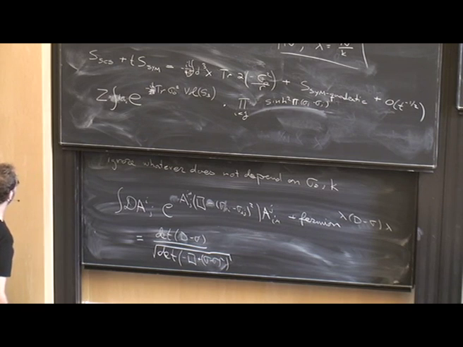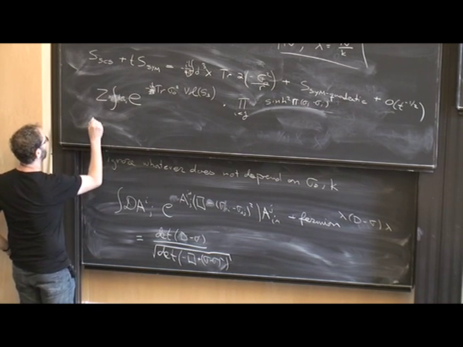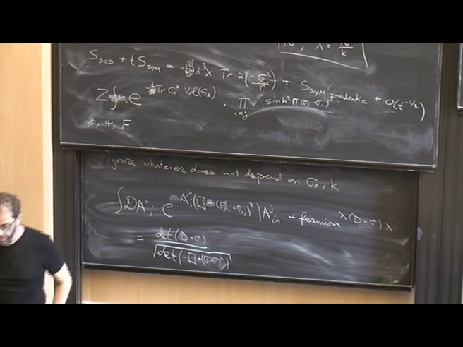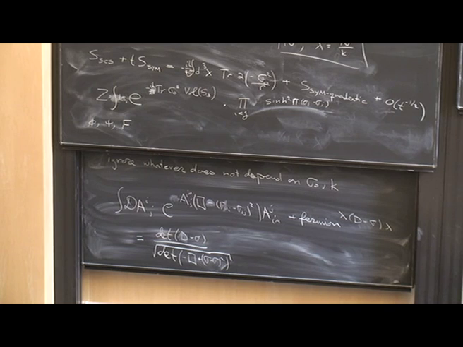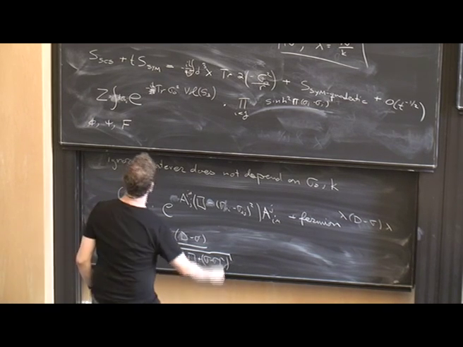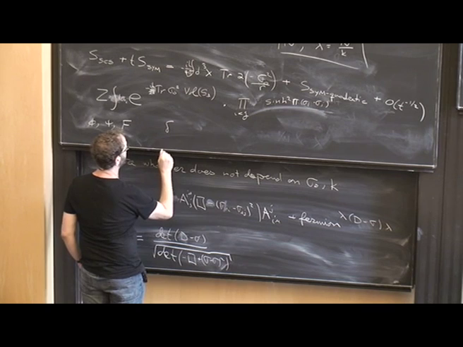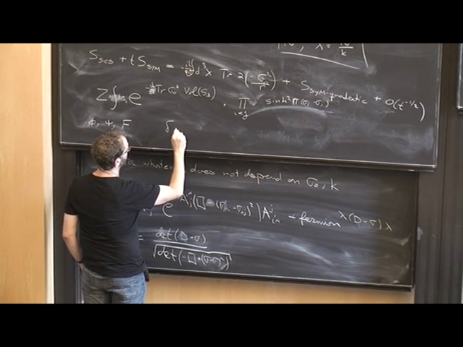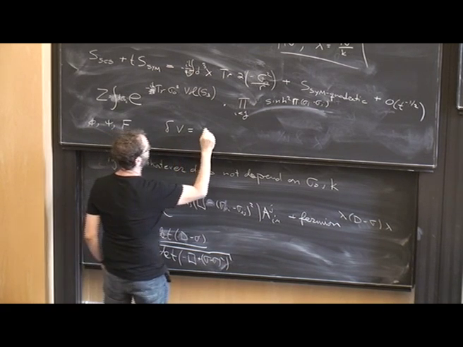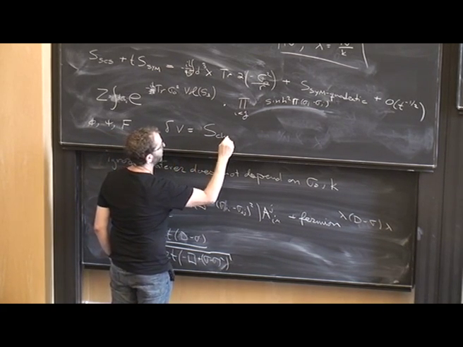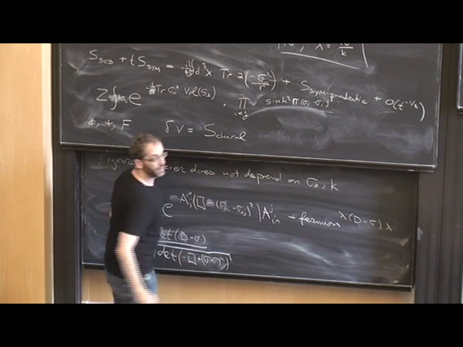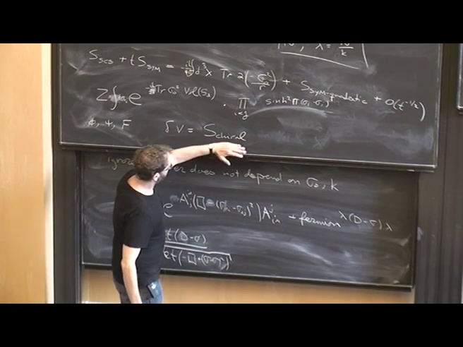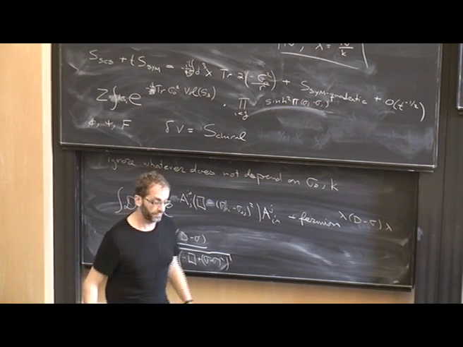But we can include matter fields, phi, psi, and so on. And then you need to follow a similar procedure for them. In that case, miraculously again, you find that with the same delta, you can take delta V to be equal to S chiral. So the same way that I got the Yang-Mills action as the localizing action, I can get the chiral action as the localizing action.